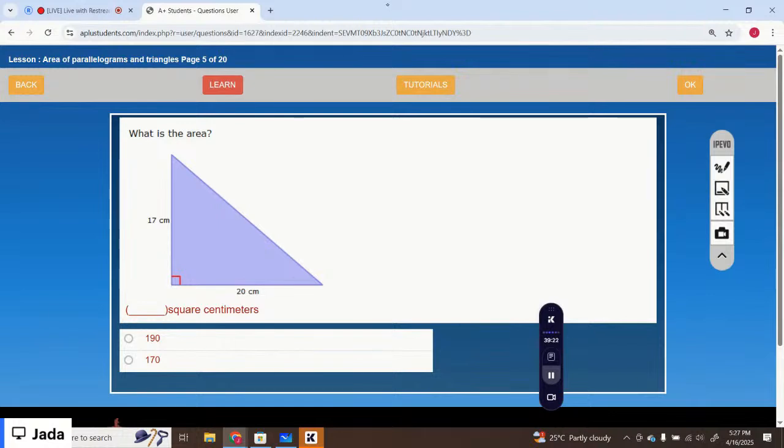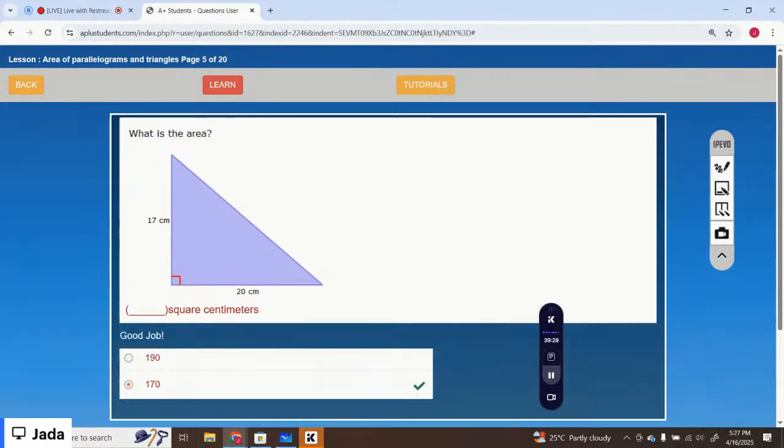That is half times base times height. So then that would be 170. Option number 2 is the correct option.